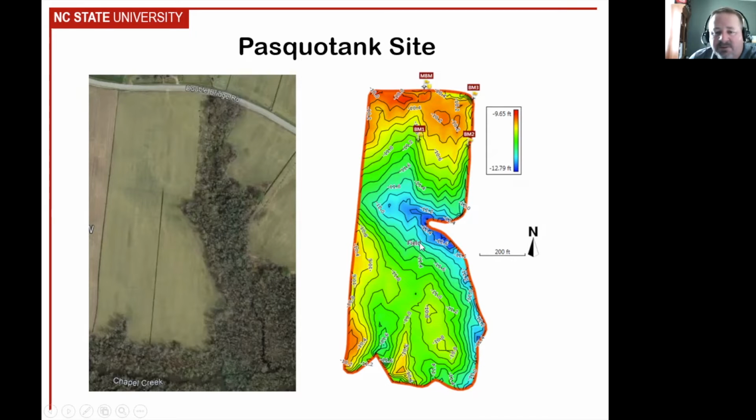The blue colors represent the lower areas of the field, and the darker red colors represent the higher areas. You can see we got a pretty nice contour map that shows that water basically flows downhill to this tributary that comes off of the stream that you see coming up from the local river area.